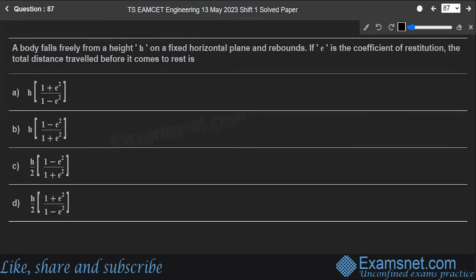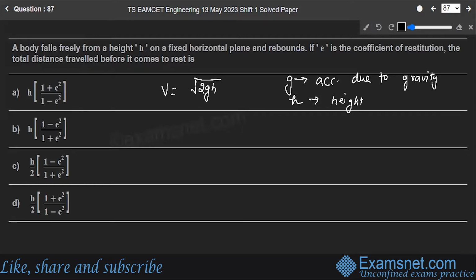A body falls freely from a height h on a fixed horizontal plane and rebounds. If e is the coefficient of restitution, the total distance traveled before it comes to rest is. If a ball is dropped from the height h, then it will strike the floor with the velocity v equal to root of 2gh, where g is your acceleration due to gravity, and h is the height of fall.